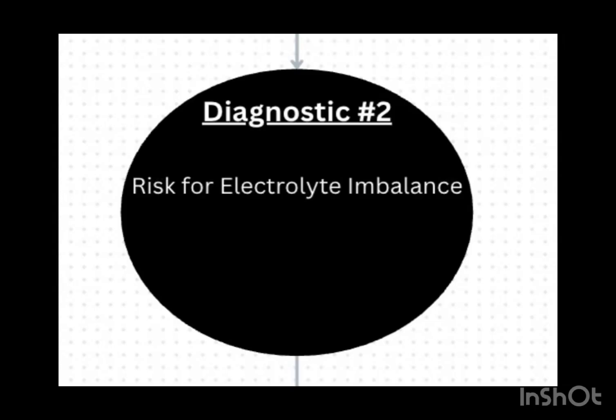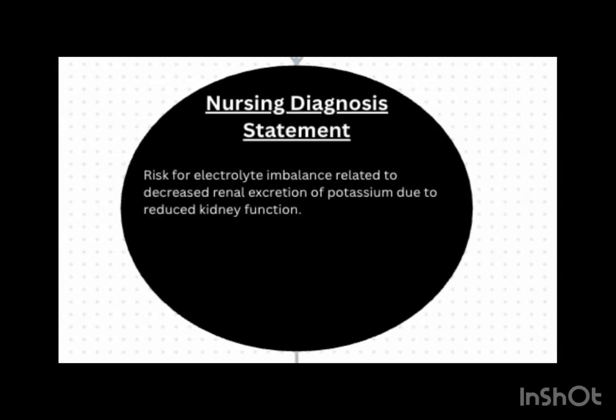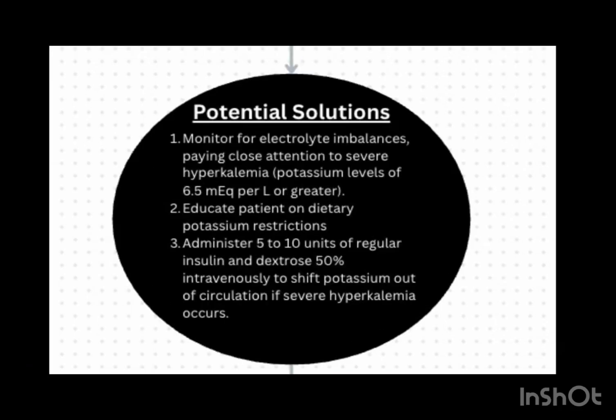For my second, I chose risk for electrolyte imbalance. So this is due to declining glomerular filtration impairing the renal excretion of potassium, placing the patient at high risk for fatal cardiac complications. This is directly tied to reduced renal excretion of potassium due to reduced kidney function. So what are the interventions, right?